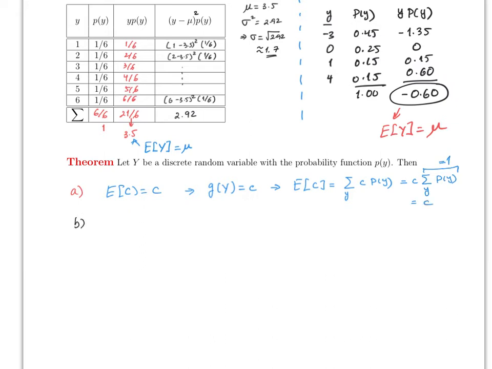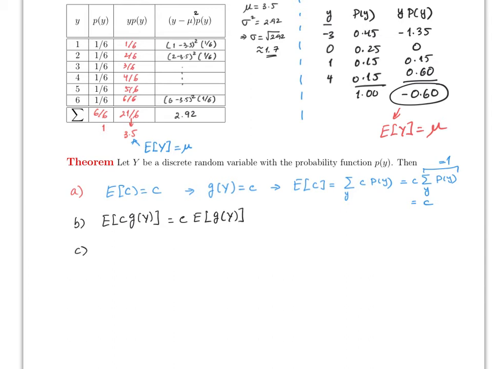Part B is a continuation of that, which says the following: the expected value of a constant times a function of the random variable equals just the constant times the expected value of the function of the random variable.